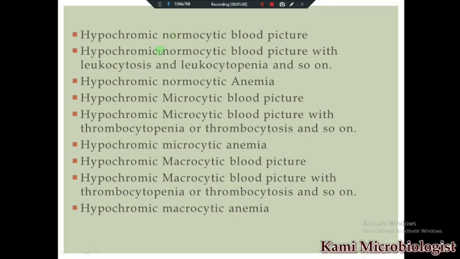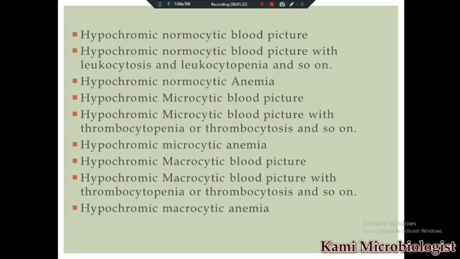Next is the hypochromic normocytic blood picture with leukocytosis and leukocytopenia and so on. This type of comment is given when you see in the microscopic field that the RBCs have a large white central area.